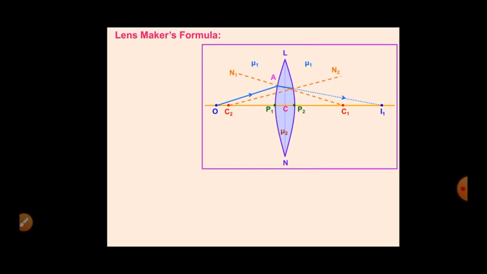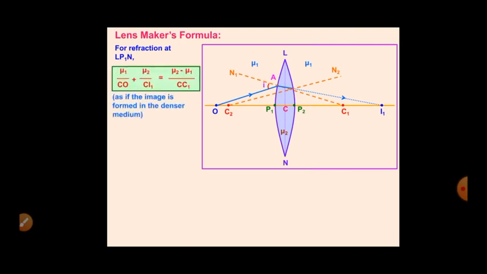Here the angle of incidence is located. First, to avoid confusion, we consider refraction only at the first surface, LP1N. You can see LP1N easily in the figure, the first refracting surface.